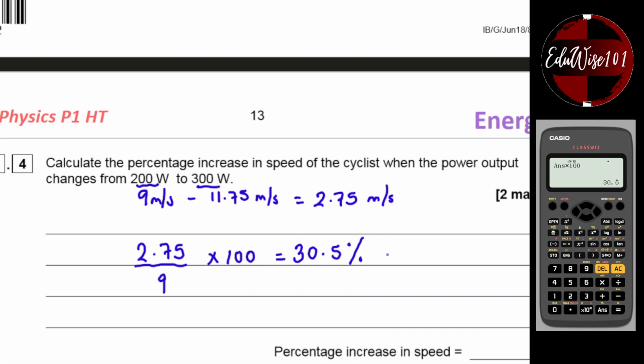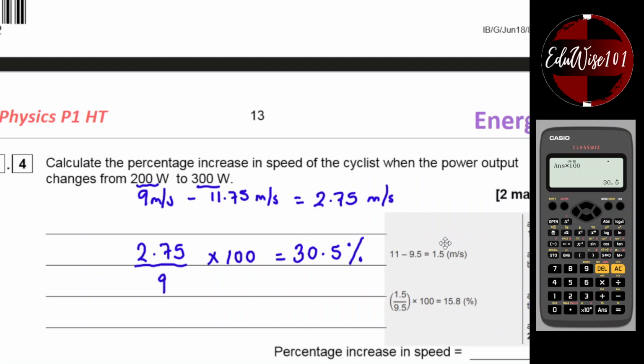Now I should point out that in the marking scheme, the answer that they have given is actually quite different. Let me show you what the marking scheme answer says. They are saying 11 meters per second and 9.5.